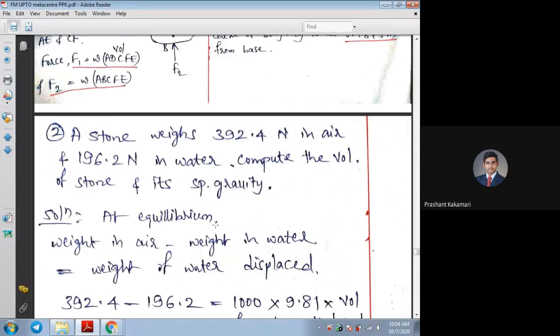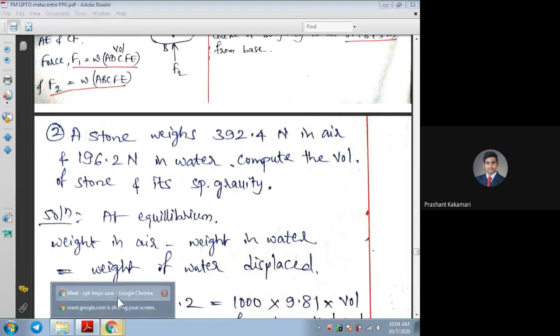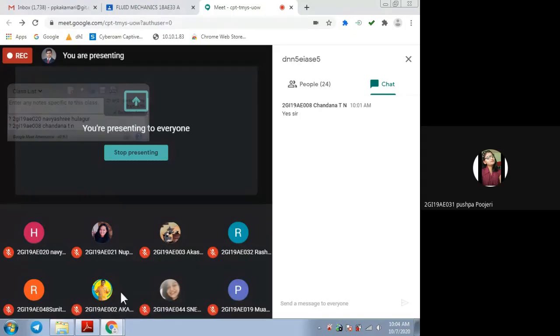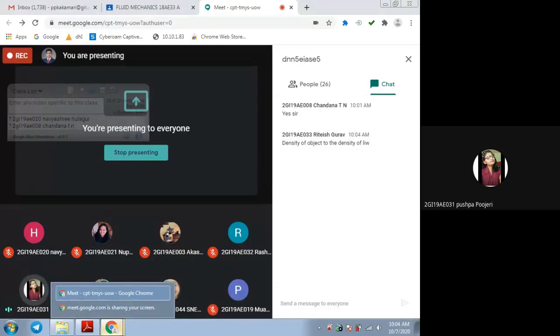What is specific gravity? In the early classes on the properties of fluids, we discussed the specific gravity of a substance or of a liquid. Any reply? So it is the ratio of the density of the stone to the density of water.